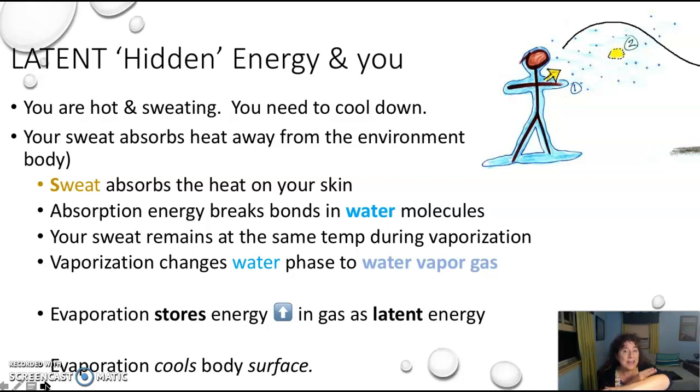And as your skin has lower heat, it will feel cooler. As your sweat is absorbing that energy from your skin, the sweat is not changing temperature, but it will gradually evaporate off, leaving your skin with a lower energy level that feels cooler.